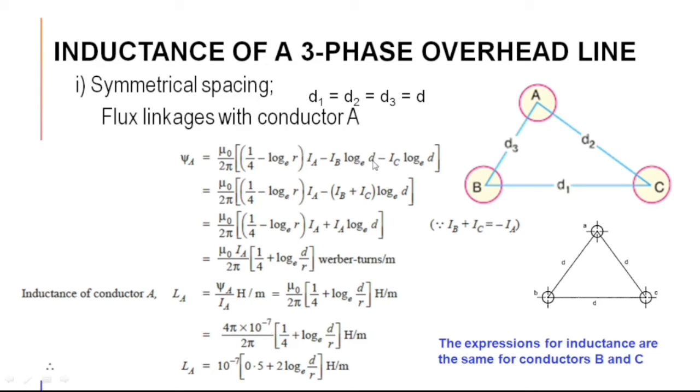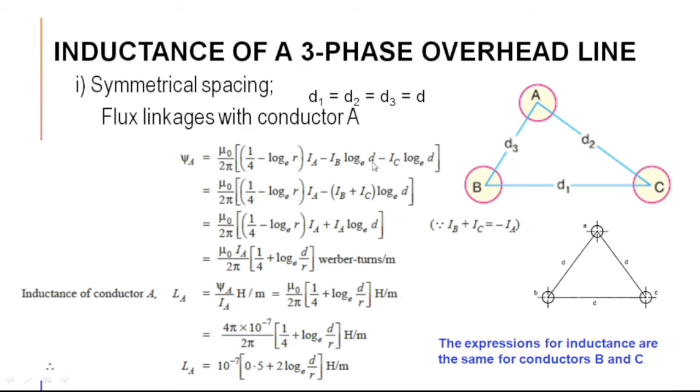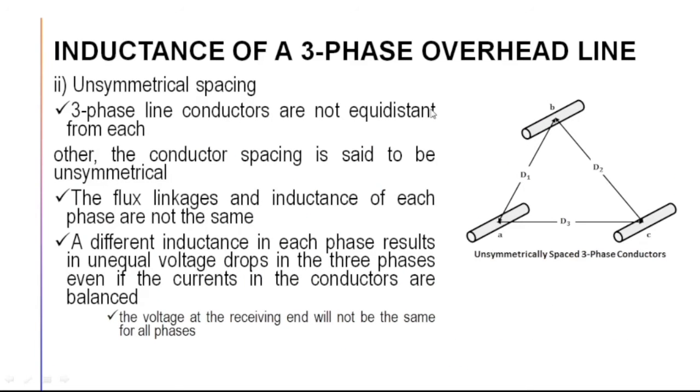I am placing the D value in D3 and in D2. Why? Because all these conductors, or transmission lines, are equally spaced, which means all the distances are the same. That is the D value we are considering here.